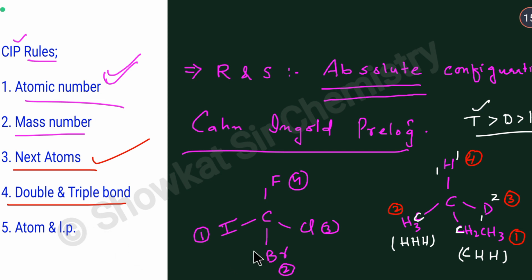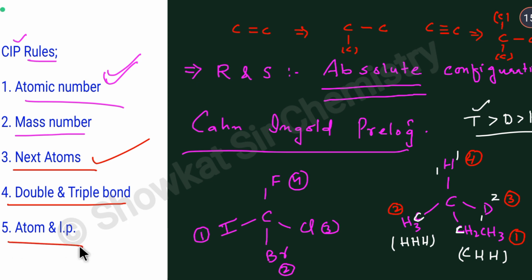You have to remember that a double bond is treated as 2 separate single bonds, just like this. And similarly, if you have a triple bond, let's say a carbon-carbon triple bond, you have to consider it like this, that these are just three single bonds. A triple bond is considered as 3 single sigma bonds, right?